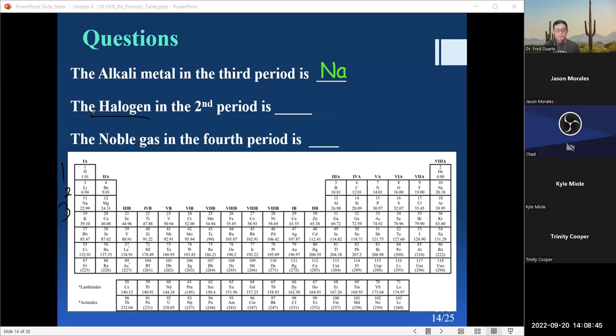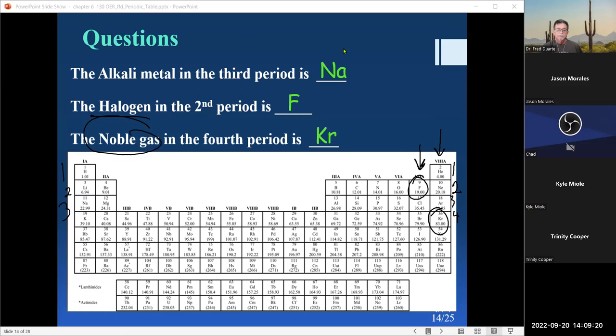A halogen, which is this group right here, group 7, in the second period. So 1 and 2, that looks like it's fluorine. Then finally, a noble gas. The term noble gas sends us over here to the last column in the fourth period. So that would have to be good old krypton, 4 periods down.